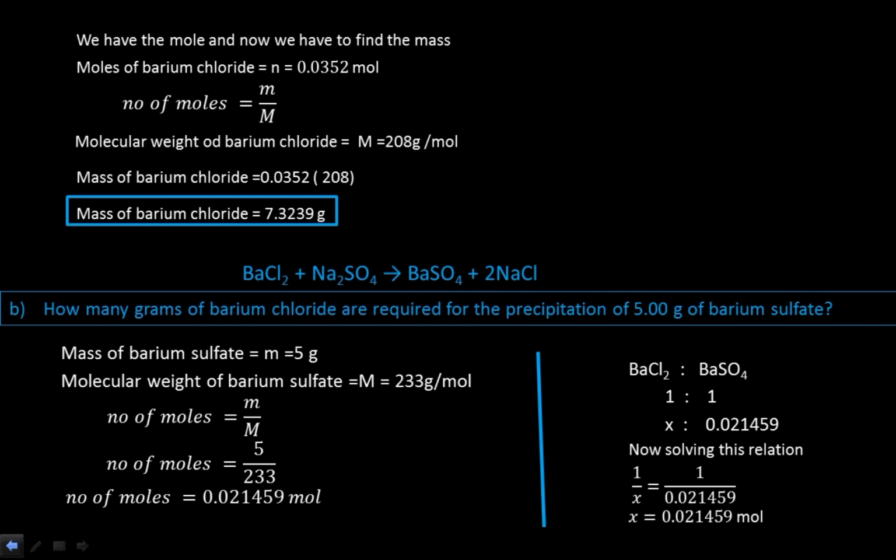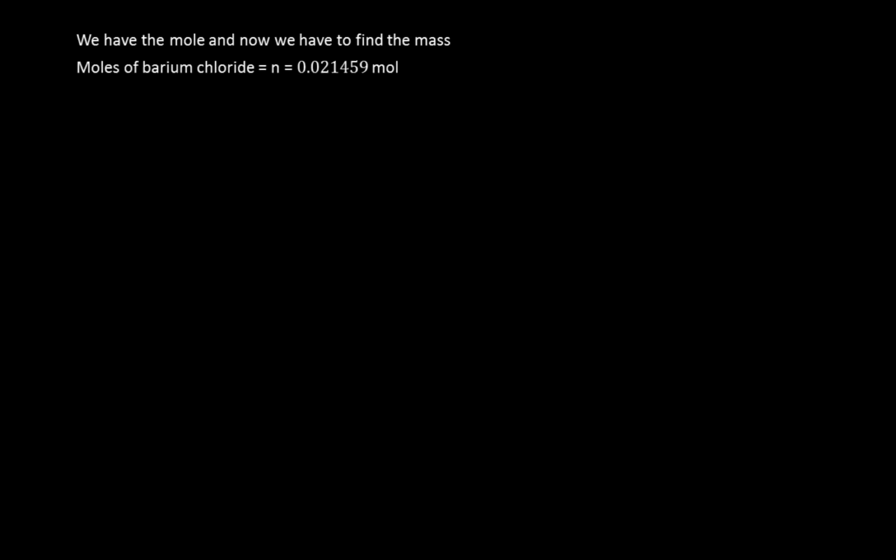So now we have the number of moles of barium chloride, and the next step is to calculate the grams from the moles. We have to use the same relation, number of moles equal to mass over molar mass, and here we get mass equal to the number of moles multiplied by molecular weight. We know that the molecular weight of barium chloride is 208 gram per mole.